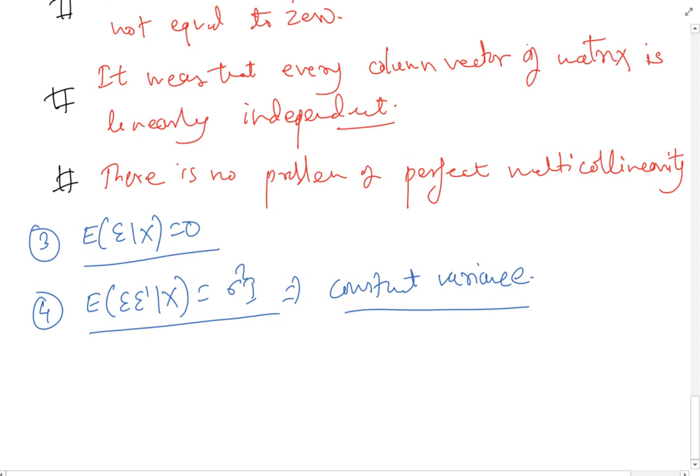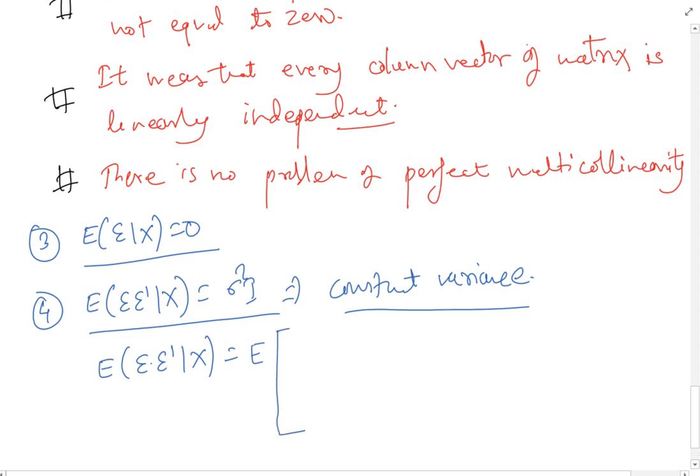So now let's derive the variance covariance matrix of the disturbance term. Expected value of the error term times the transpose of the error term given X is equal to, let's make its matrix.